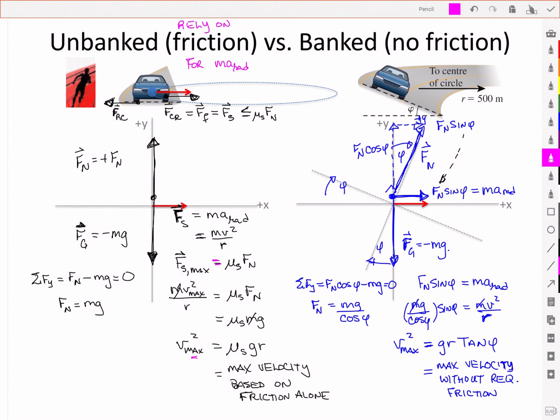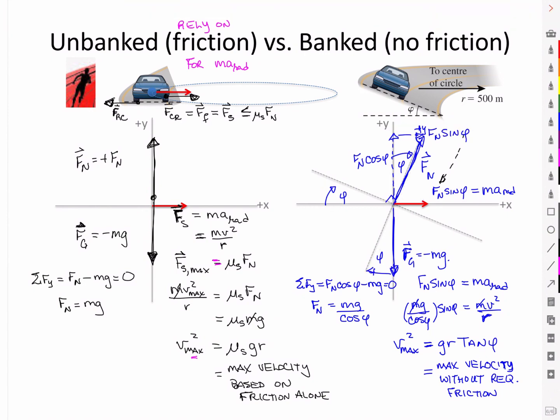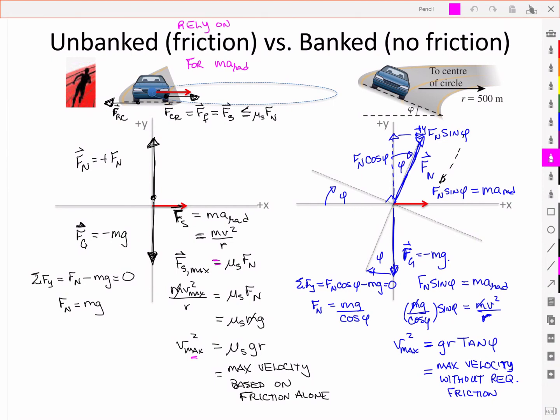And so obviously we're at the mercy of that coefficient of friction and the conditions of the road. On the right then we have the case of the banked road, and here we now assume no friction. So we're building the banking so that we don't have to rely upon any friction. Then we end up with a maximum velocity that depends upon the banking angle, which lets us have that radius of curvature.